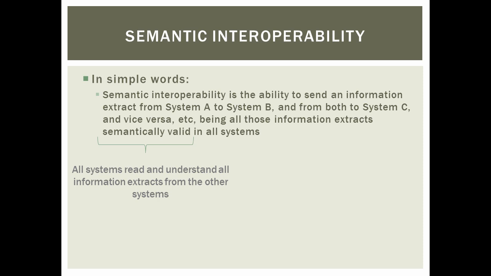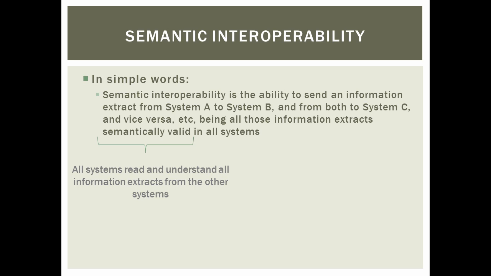So that means that system A sends a data extract to system B. System B receives the data extract from system A and understands it. System B is able to read, to store, to persist this information with its context in its own persistent mechanism.